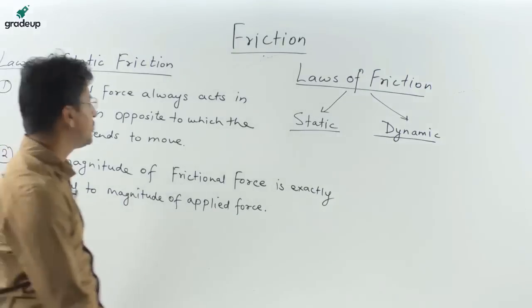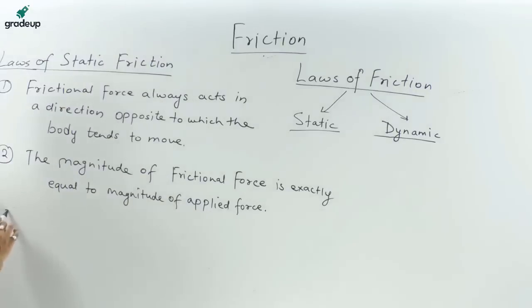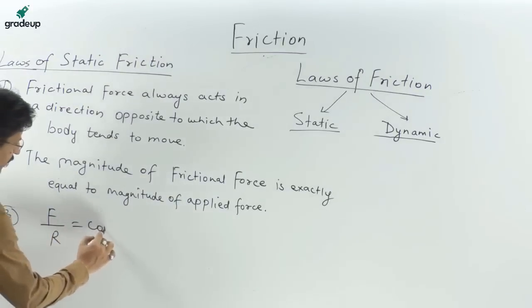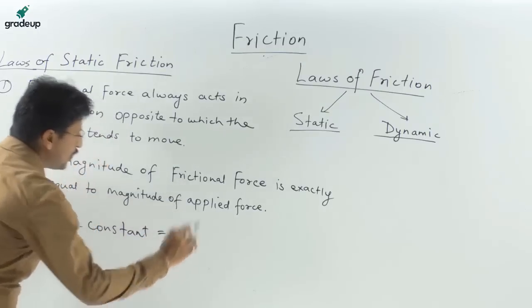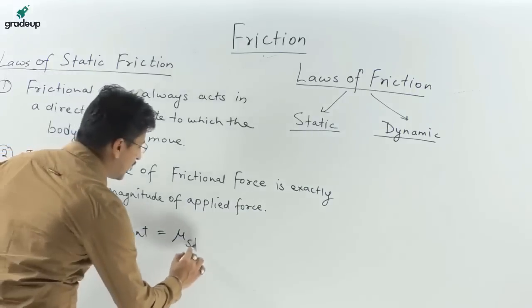Third, the ratio of F by R is equal to a constant, which in this case we write as mu s, that is mu static.